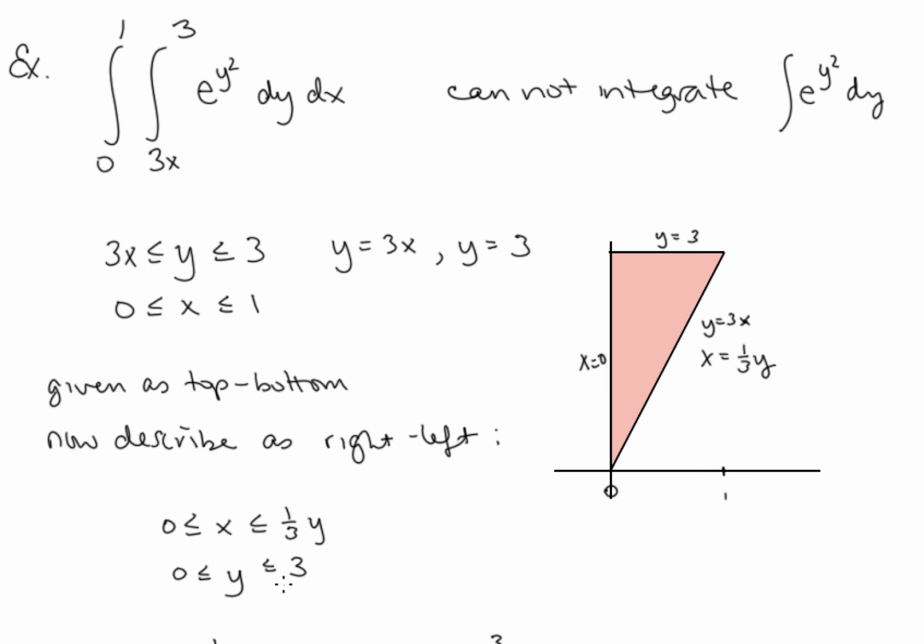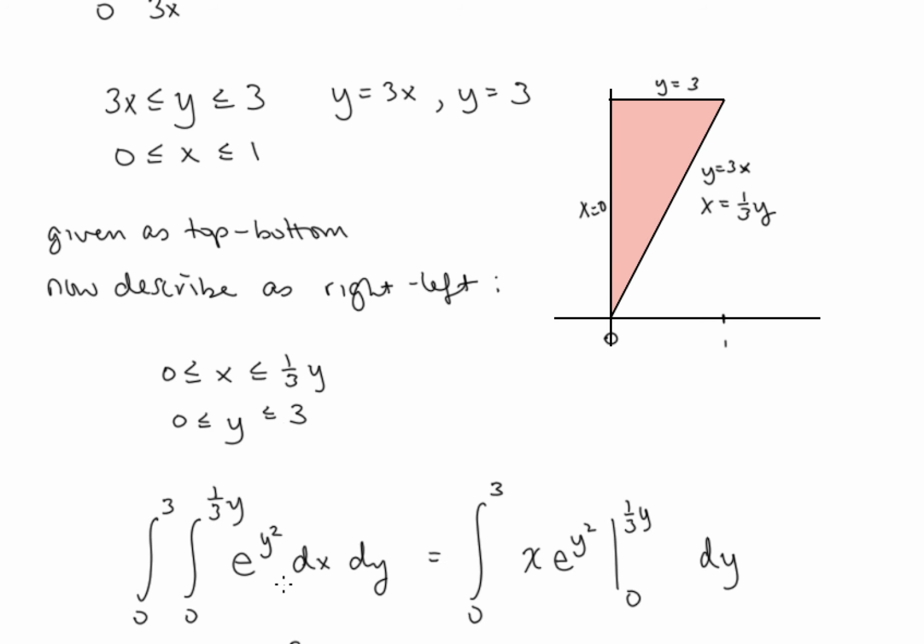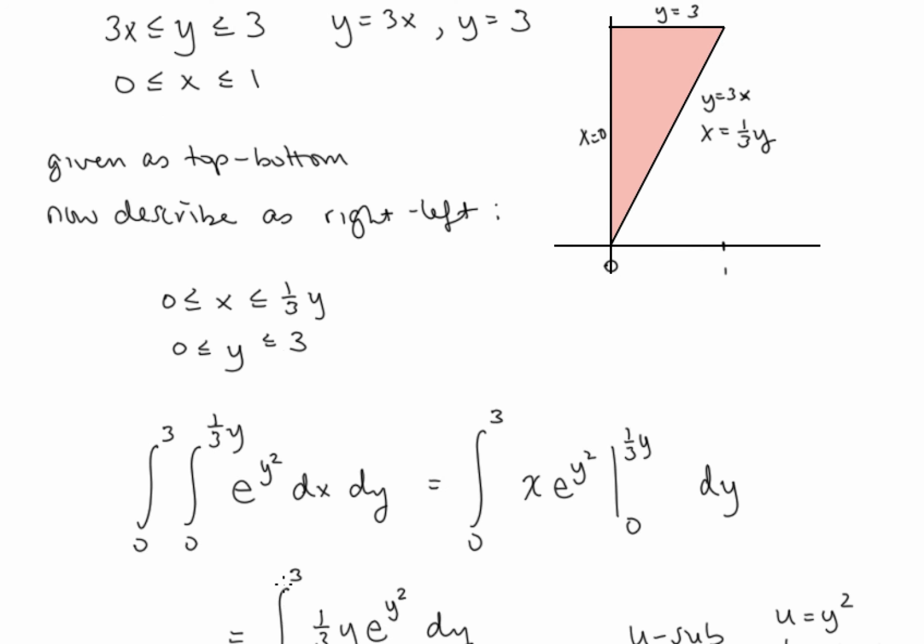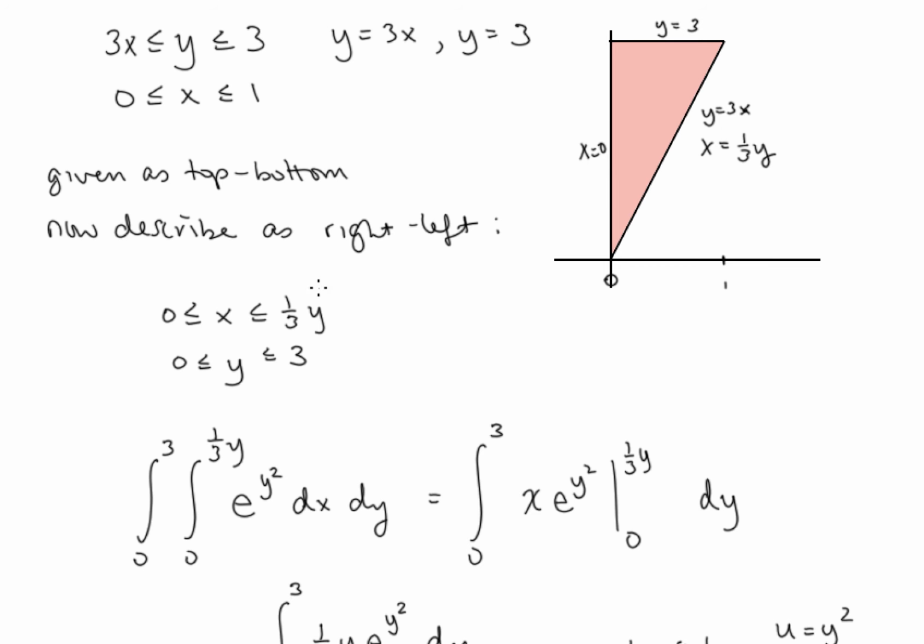So we forget about the original integral that we're given, and we create a new integral based on this. Of course, it has the same function that we're integrating, but the bounds are based on our new description. So we have x going from 0 to 1/3 y, and then we have y going from 0 to 3.